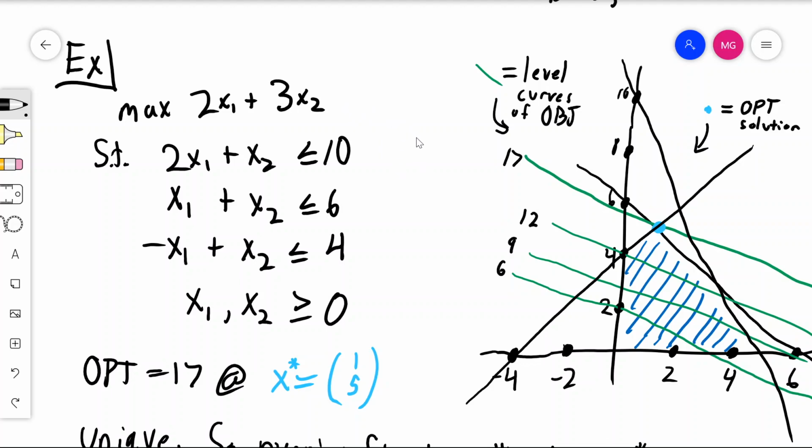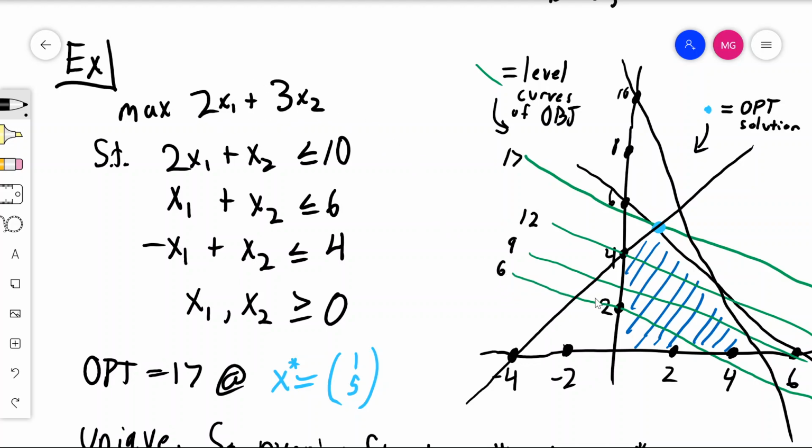And first of all, we can geometrically see what the optimal solution is. In light blue, I've given the optimal solution. So why is it that this is the optimal solution? Well, it's because of these green lines here. These green lines are the level curves of the objective function. What that means is that we're in two-dimensional space here, right? All the points are coordinates x1, x2, and when you plug those into the objective function, you get some output value.